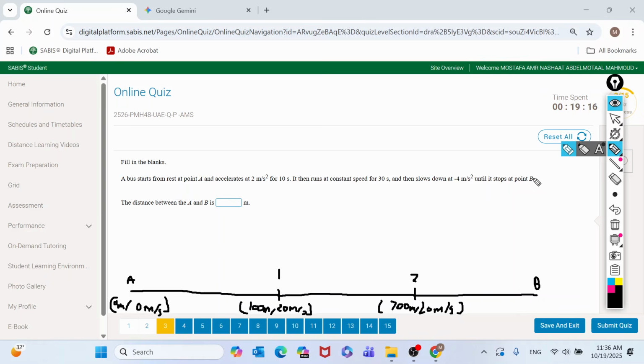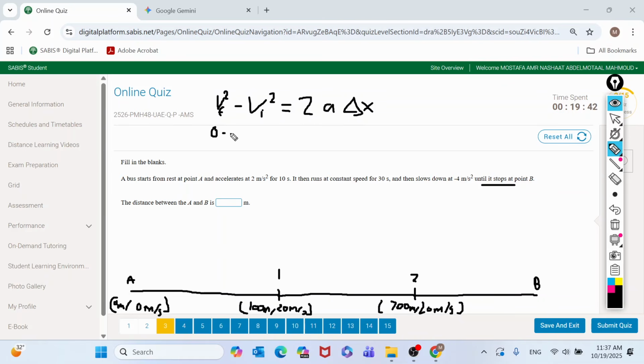Okay, time independent equation is v final squared minus v initial squared equals 2a delta x. So v final is 0 because it comes to a stop.